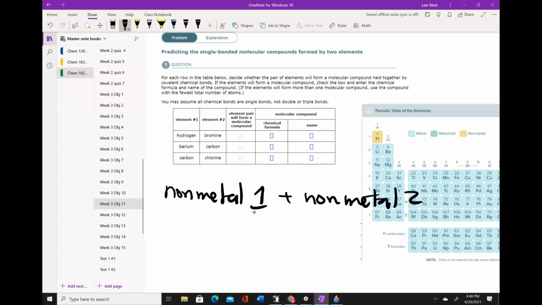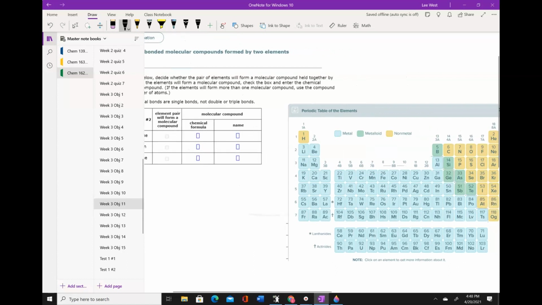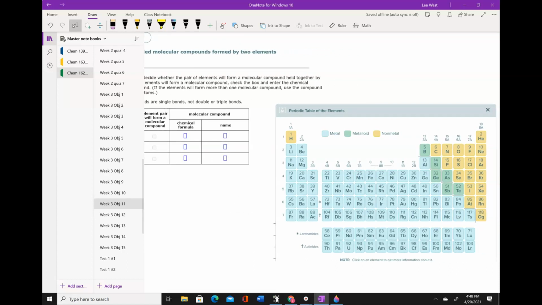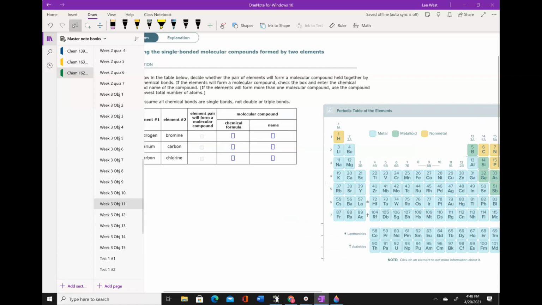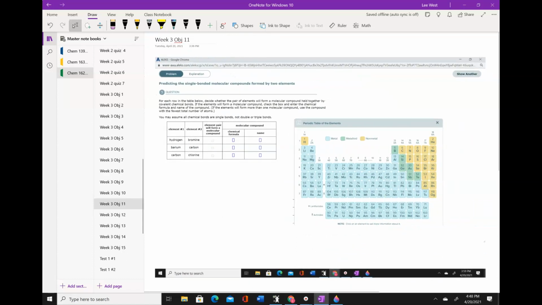Could be even 2 non-metals of the same type. So really what we're looking for when we're trying to identify if it will form a molecular compound is, do we have 2 non-metals? And the nonmetals on the ALEKS periodic table are labeled in yellow. So do we have two yellow elements?